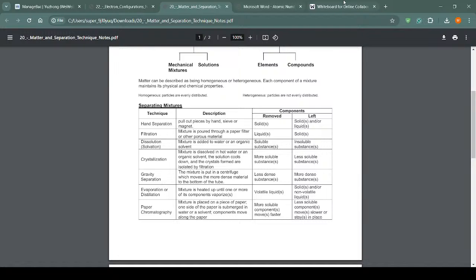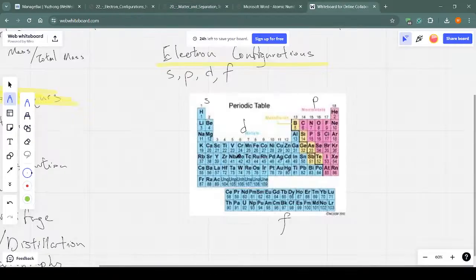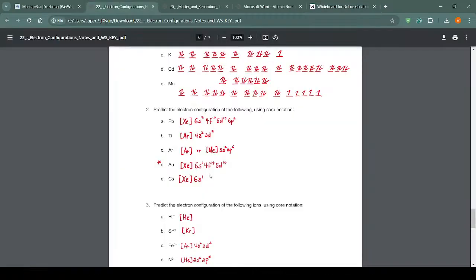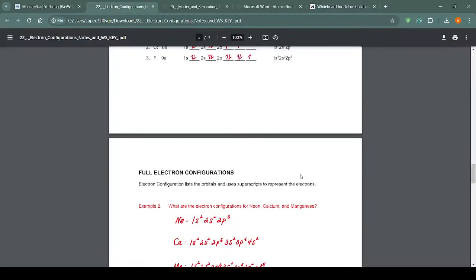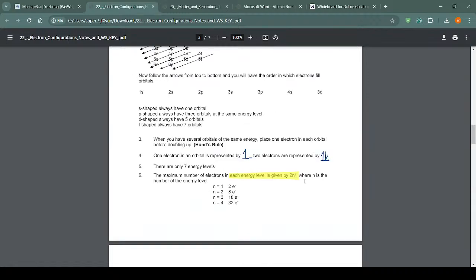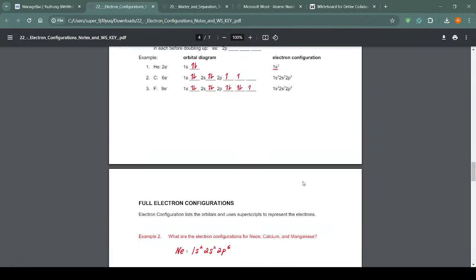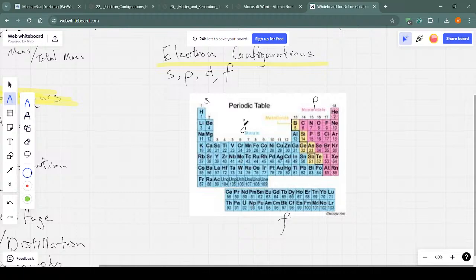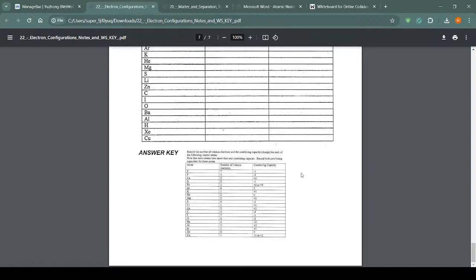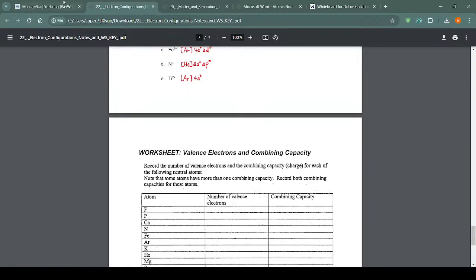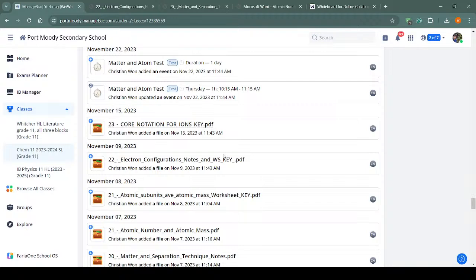Au, xenon plus... oh, Au has that special thing. Right. So where's the special columns again? Core notations for ions.